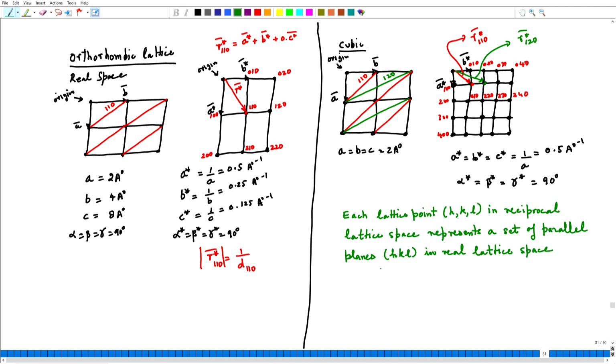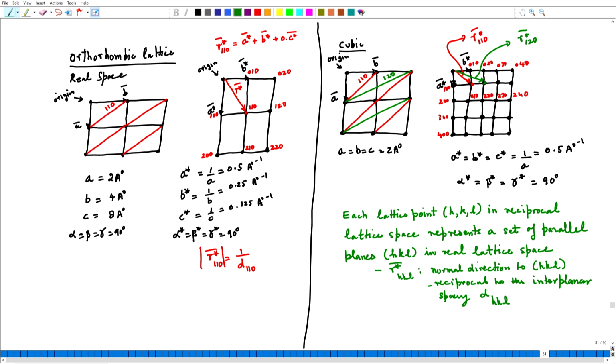And the reciprocal lattice vector R star HKL encoded in it is the normal direction to plane HKL, and its magnitude is reciprocal to the interplanar spacing d.